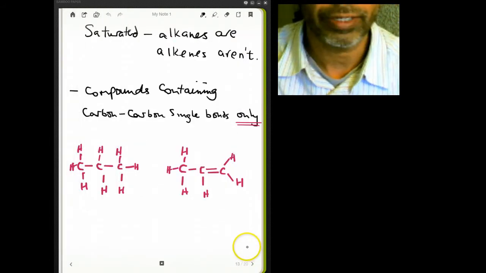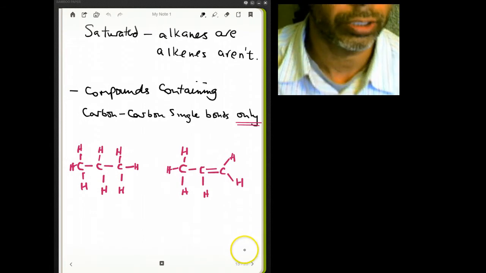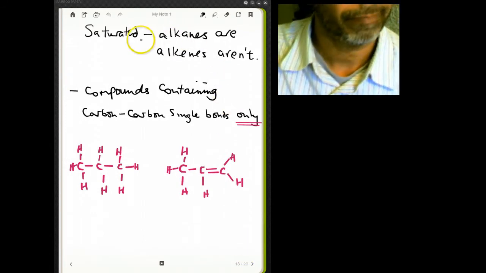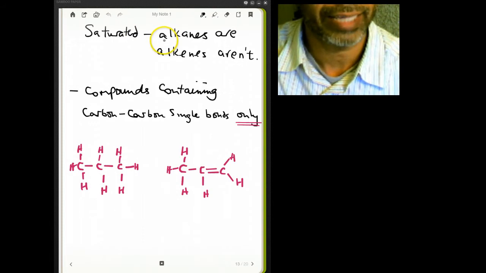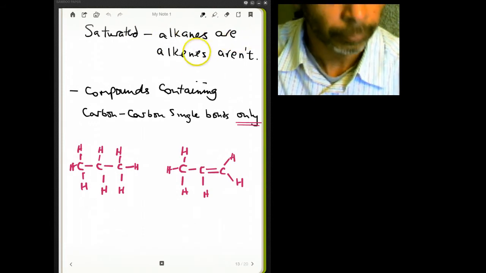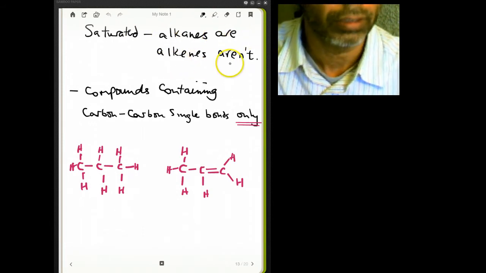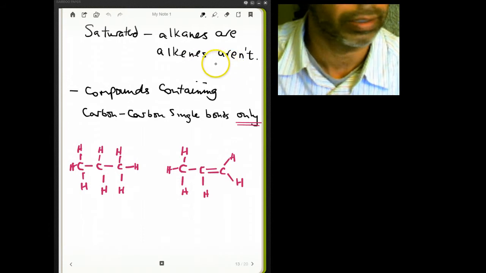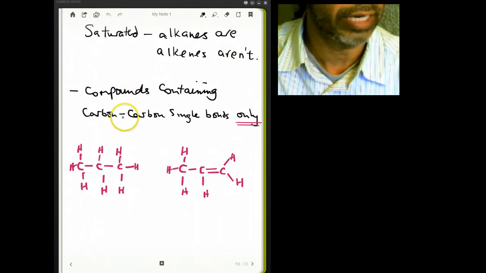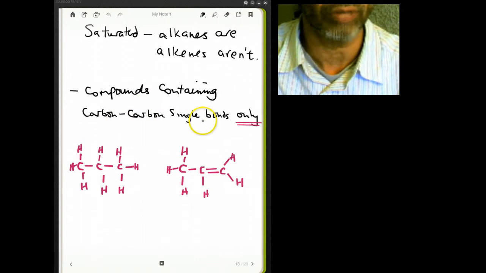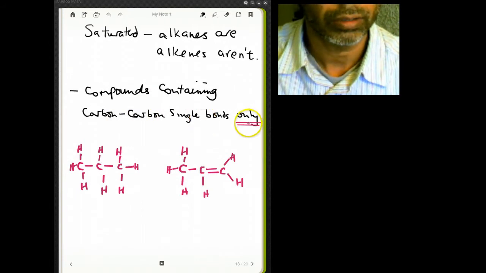Right, what does saturated mean and what does unsaturated mean? Remember that alkanes are saturated and alkenes aren't saturated, they are unsaturated. Compounds containing carbon-carbon single bonds only are saturated.